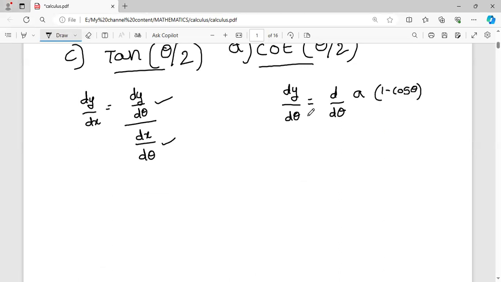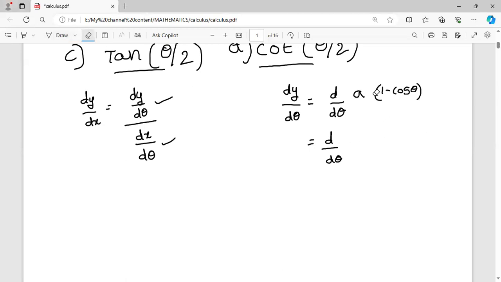You have to differentiate this entire expression, either by simplifying to d by d theta of a minus a cos theta, or simply do the differentiation directly.